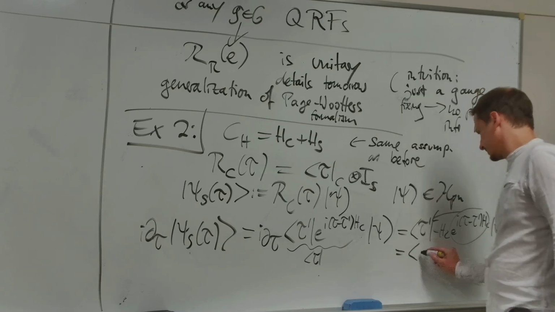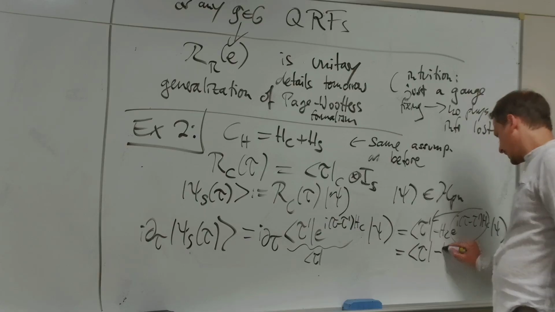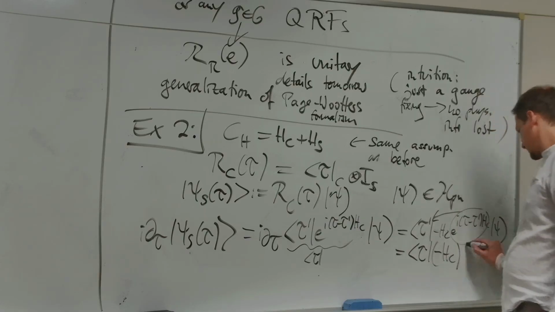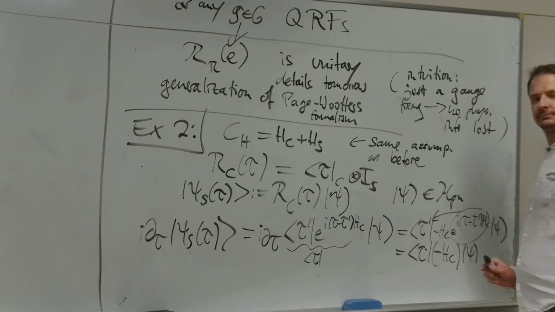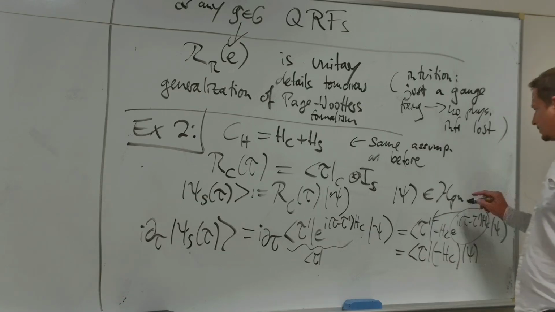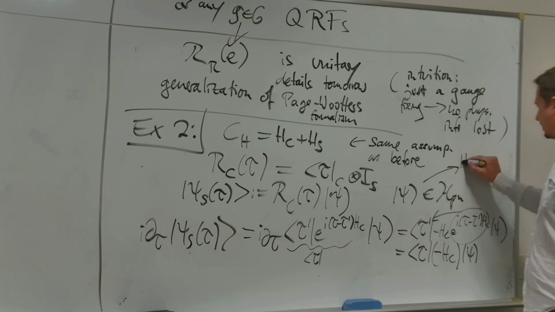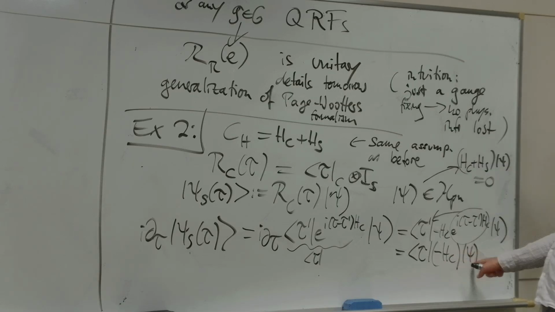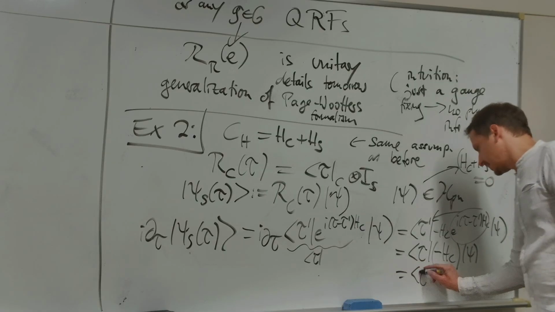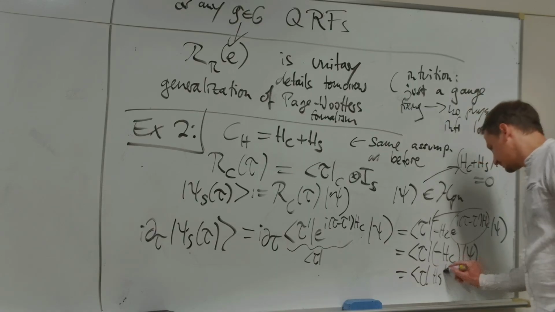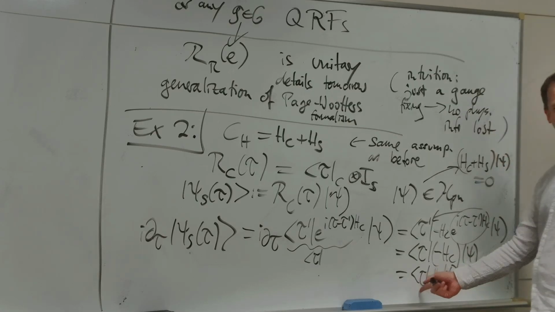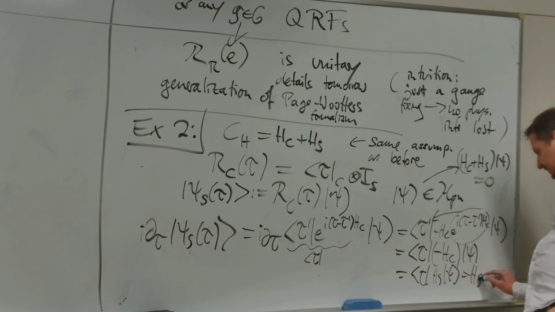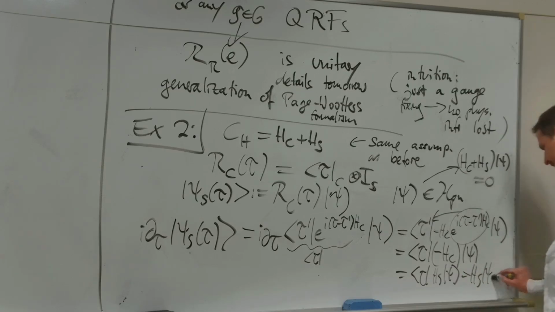So this is tau, then I have minus H_C acting on psi. Is that clear? But now you should recall that because of the constraint, I have that (H_C plus H_S) psi is 0. So that means minus H_C acting on psi is equal to H_S acting on psi. This only acts on the clock state, and it acts on the system, so this is H_S psi_S of tau.